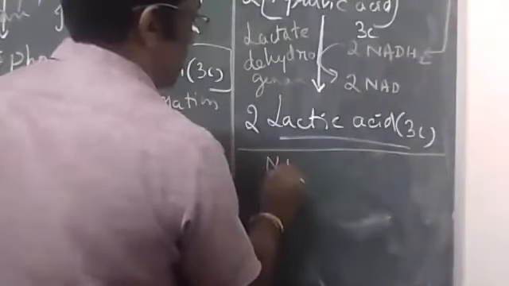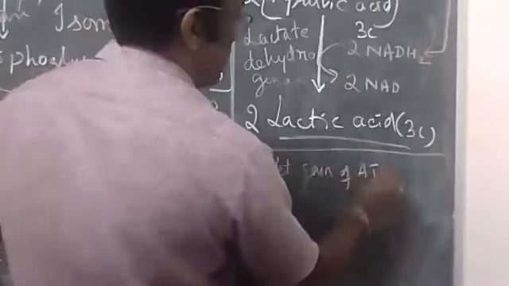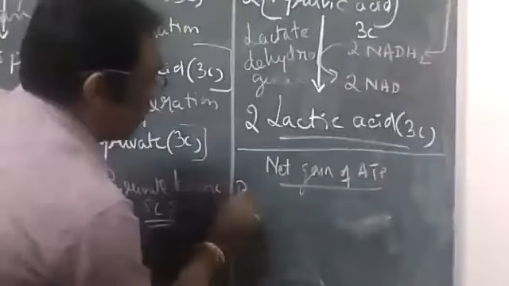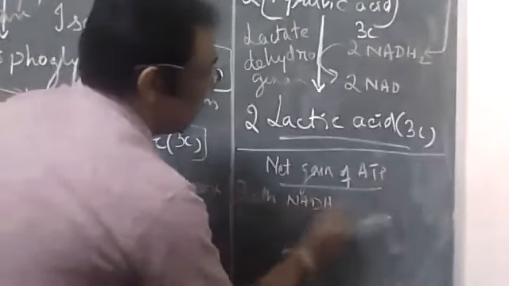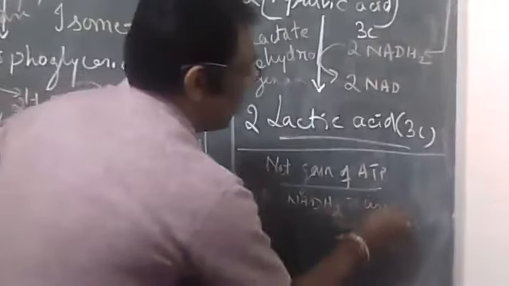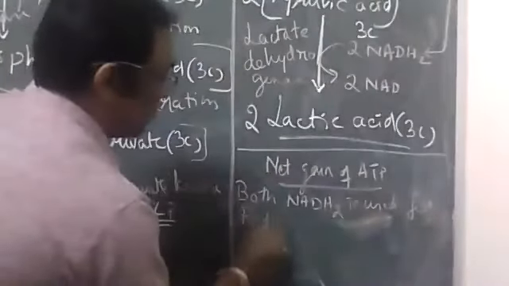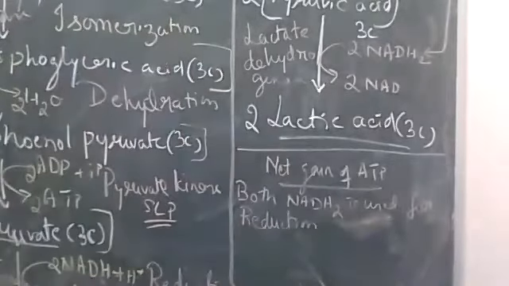Now students understand, I'm talking about the net gain of ATP for homolactic acid fermentation. Both NADH2 are used for reduction.